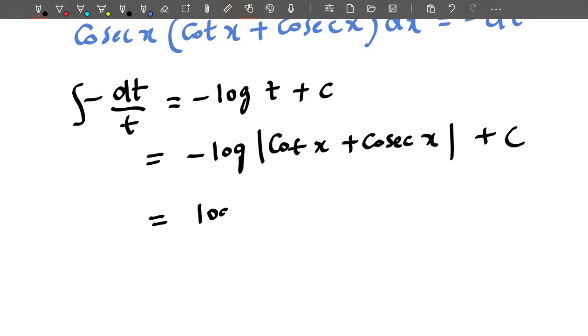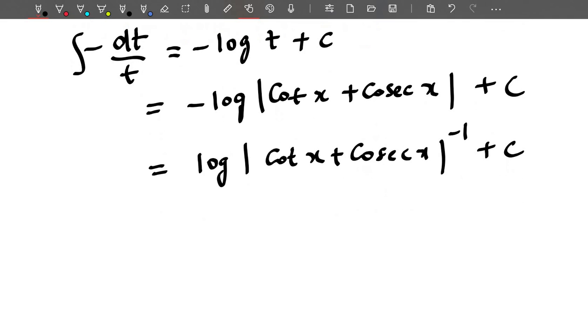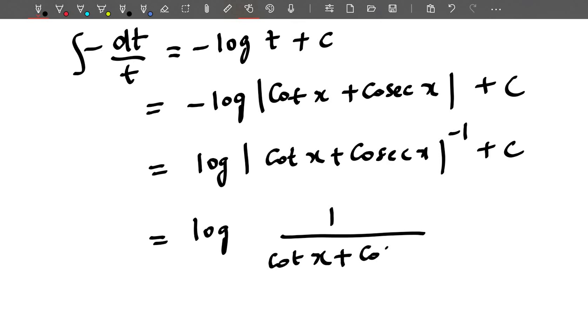So which will give us log of cot x plus cosecant x to the power minus 1 plus c, and we know that, so it is something like log 1 by cot x plus cosecant x plus c.